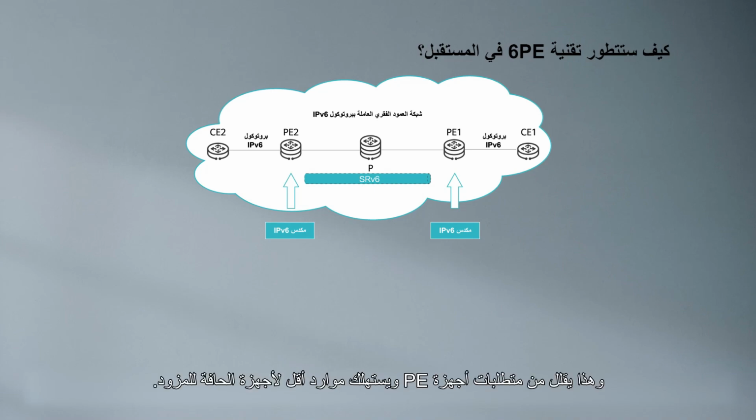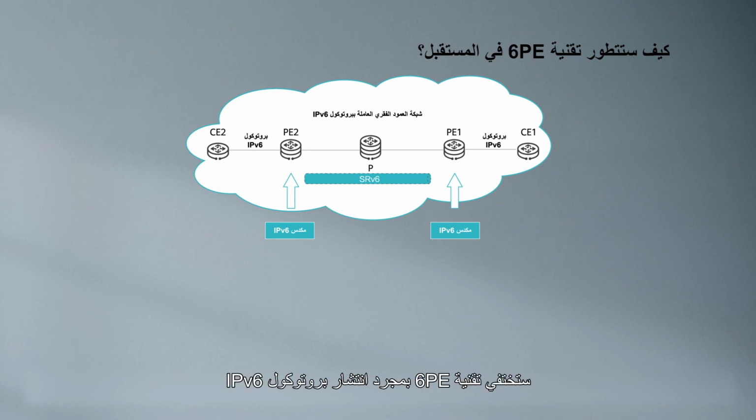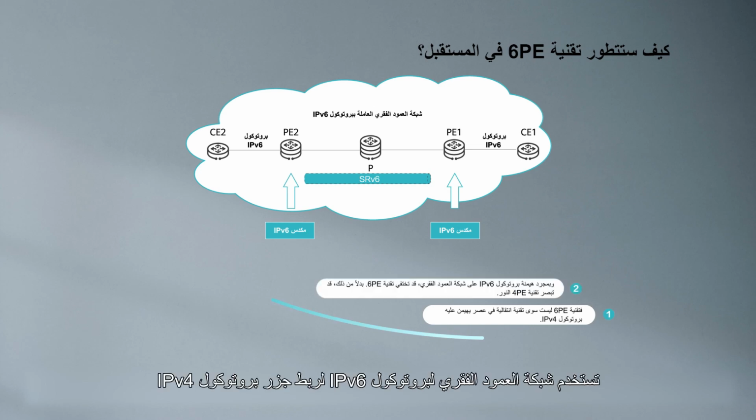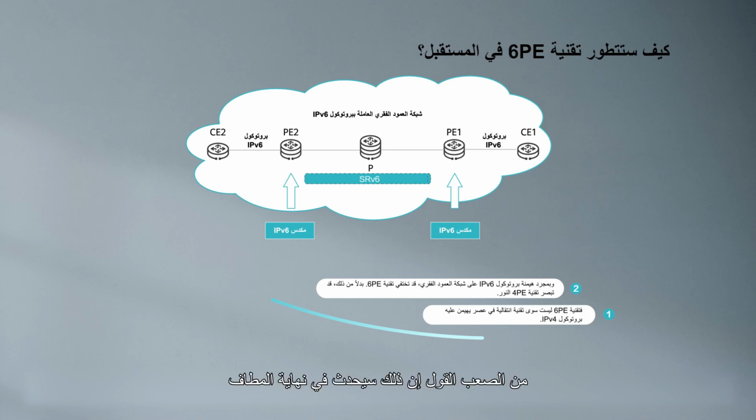This lowers requirements on PEs and consumes less PE resources. 6PE will disappear once IPv6 becomes prevalent on backbone networks. However, transition technologies such as 4PE that use the IPv6 backbone network to connect IPv4 islands may emerge in the future. It's difficult to say what will eventually happen.